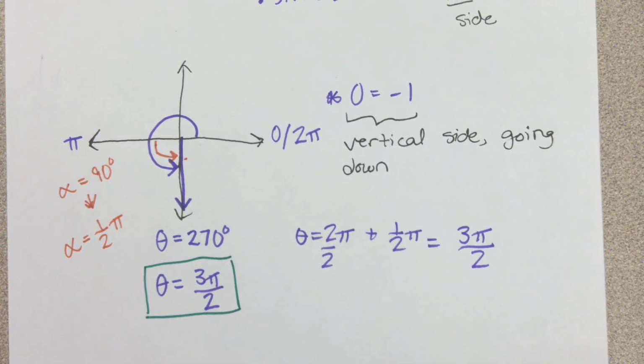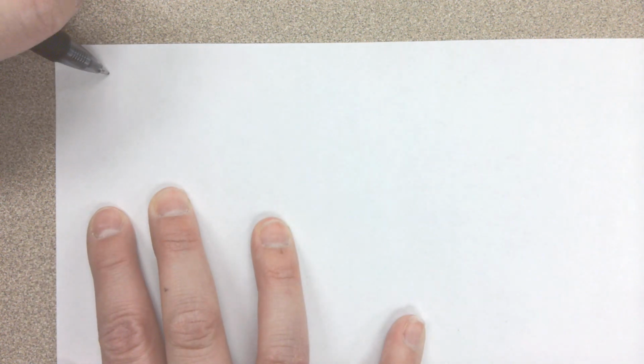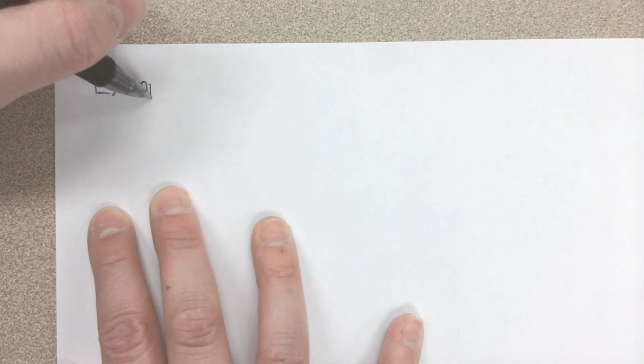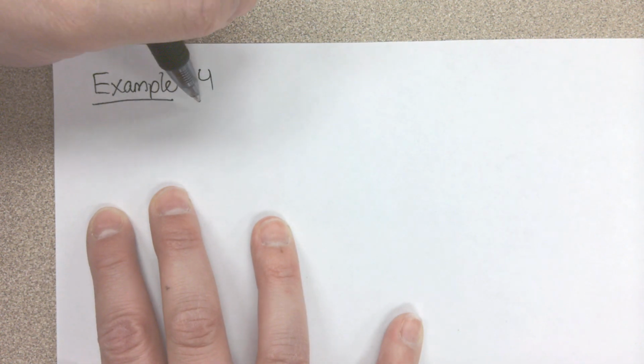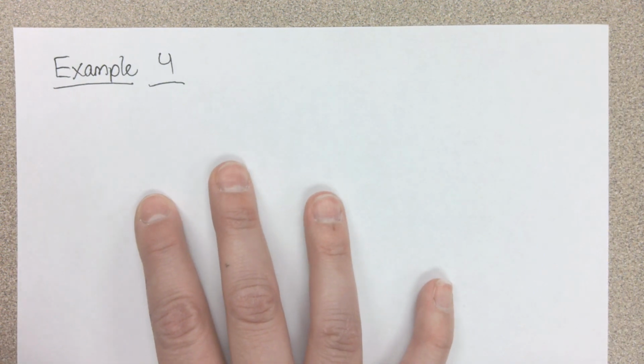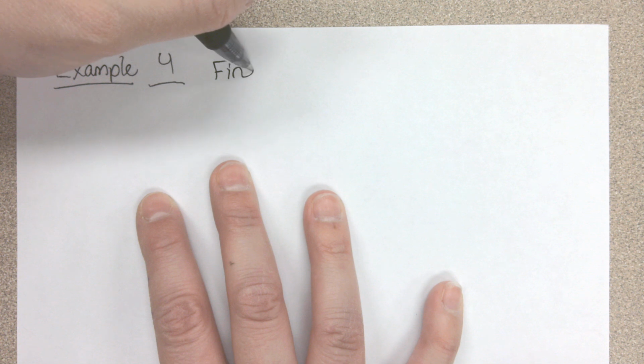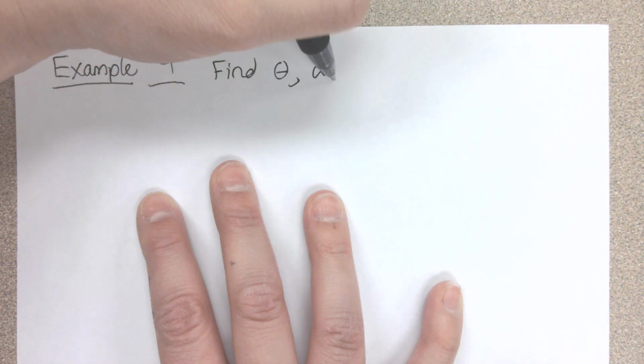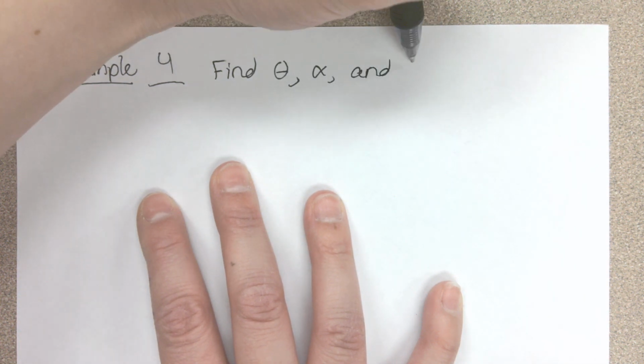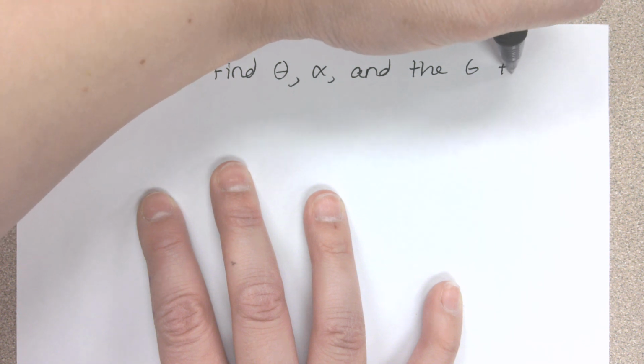Okay, we'll do one more, and we're going to go further with it. Find theta, alpha, and the 6 trig functions.